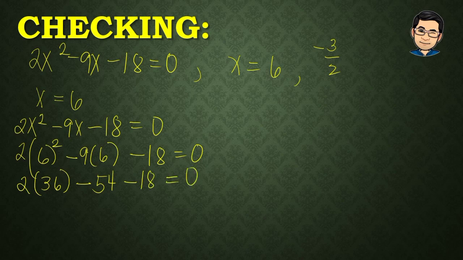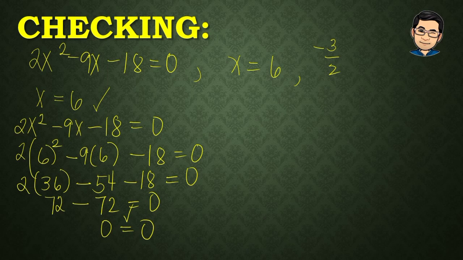So, 2 times 36 is 72. Minus 54 minus 18. So, i-combine natin yung dalawa. The answer is negative 72 equal 0. 72 minus 72 is 0 equals 0. So, yung x equals 6 natin na root, correct.